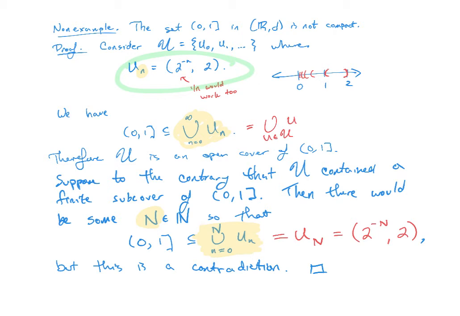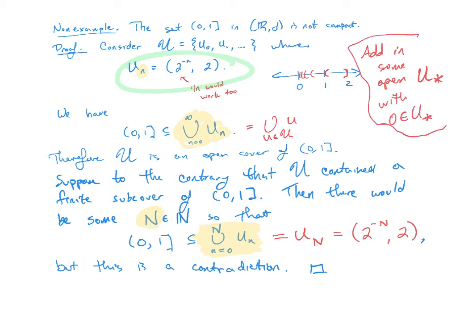So let's say we add in some open set. We're out of indices, so how about U star with zeros in U star? We add that to our cover.